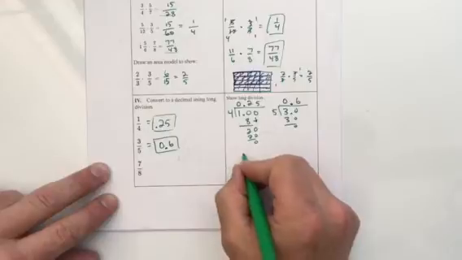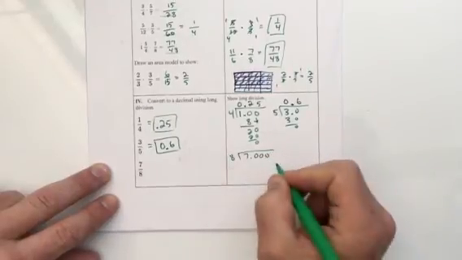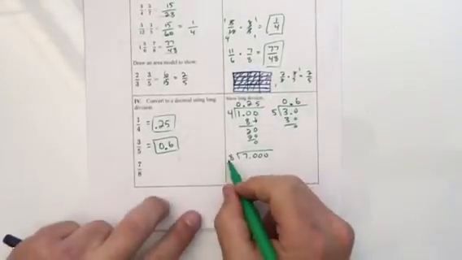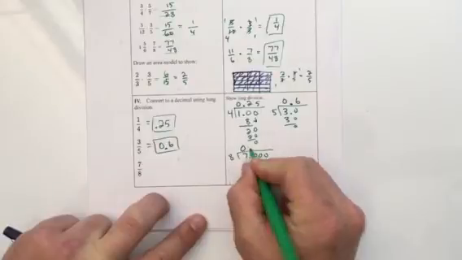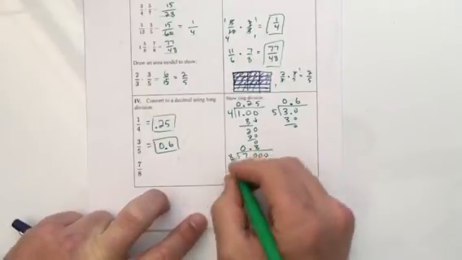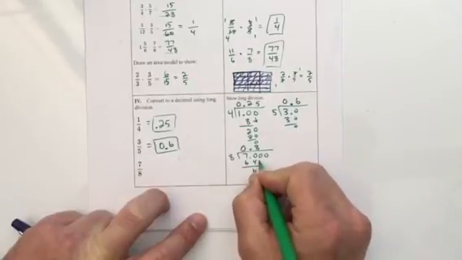Lastly, 7/8. 7 goes inside the house. 8 goes outside. A couple of you mix this up. 8 goes into 7 0 times. Bring the decimal up. 8 goes into 70 8 times. 8 times 8 is 64. With the remainder of 6, bring the 0 down.